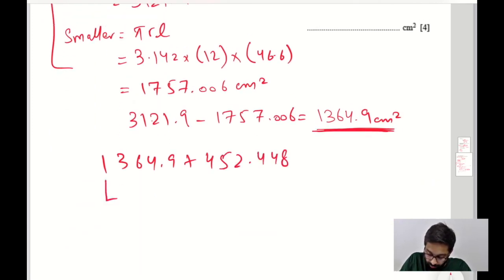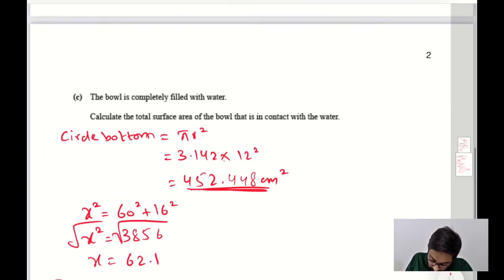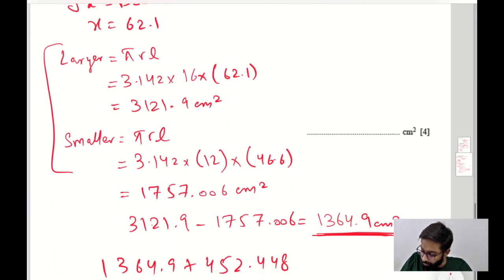What you get will be the total surface area that is in contact with the water. So we do 1364.9 plus 452.448, and we get 1817.35. So we write 1817.35 centimeters squared right there.